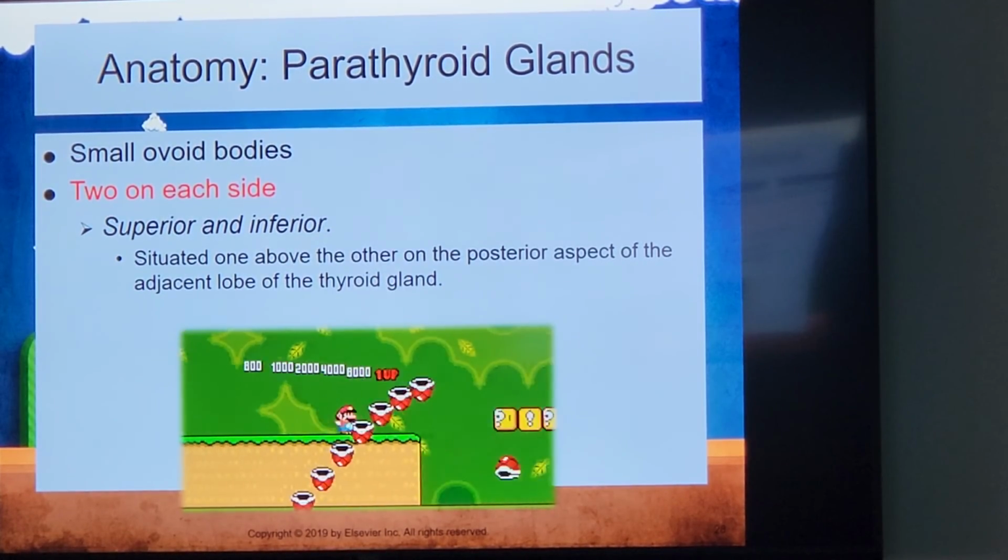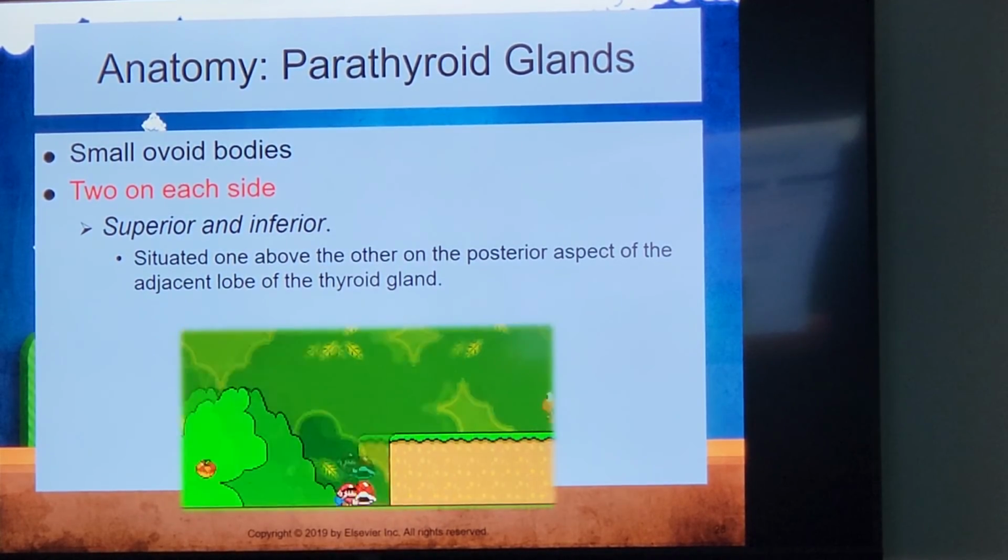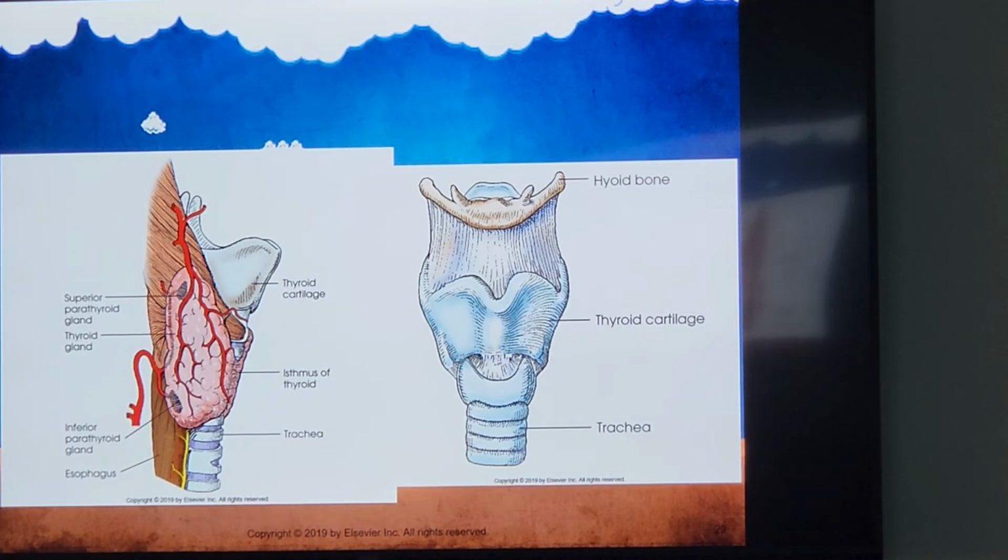Here's a picture coming up. Ma'am, there are 4 parathyroids, one on the top and one on the bottom on each side. Correct, they come in pairs, there's a right and left. There are 2 superior, 2 inferior, left and right. So we have our thyroid gland here, one on the right side, one on the left side, connected by the isthmus.